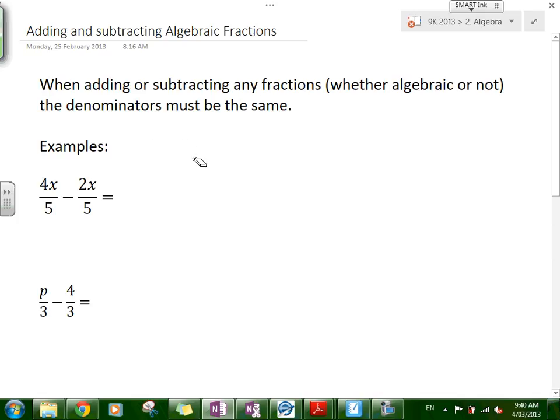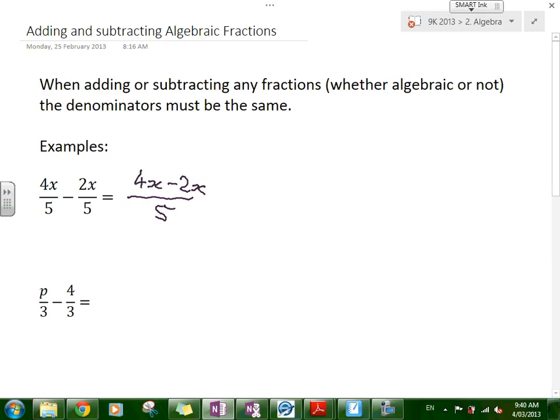Okay, so if we have a look, we've got 4x over 5 minus 2x over 5. Now the denominators are the same, which means we can combine them into one fraction. So I can write it like this: 4x minus 2x over 5.